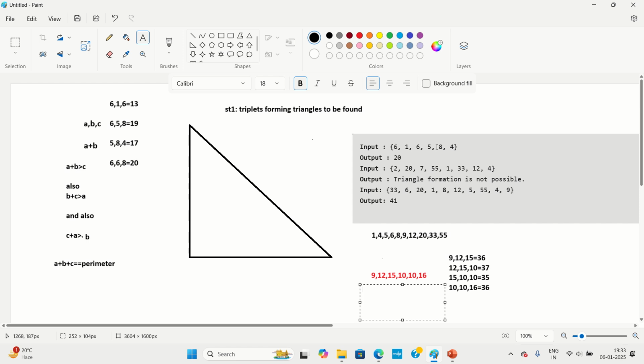One will be traveling this entire array and checking which triplet is forming a triangle, and then inside that we can use another loop which will be finding out the triangle with the maximum perimeter, right? So that will be big O of n square time complexity.